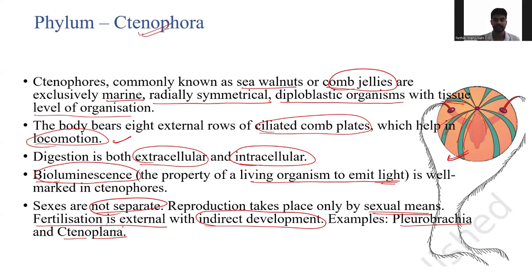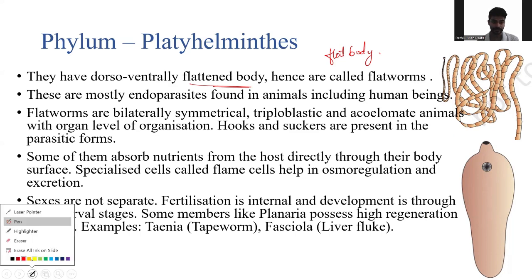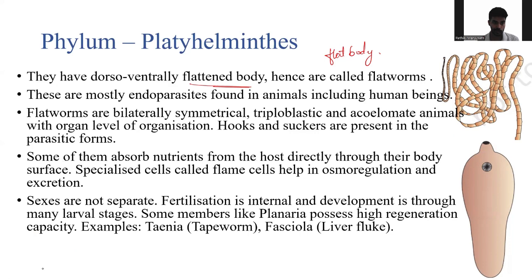The next one is phylum Platyhelminthes. So what is the speciality of phylum Platyhelminthes? One thing is they have a dorso-ventrally flattened body. That means you can see a flat body.